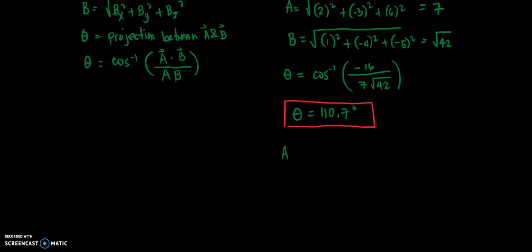Let's try the other formula. A dot B is equal to AB cosine theta, wherein A is again 7 times B, that is the square root of 42, then cosine of theta, 110.7 degrees.